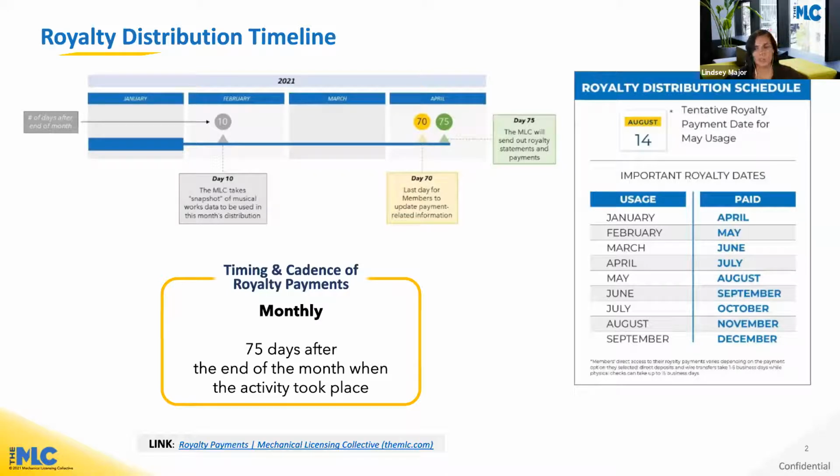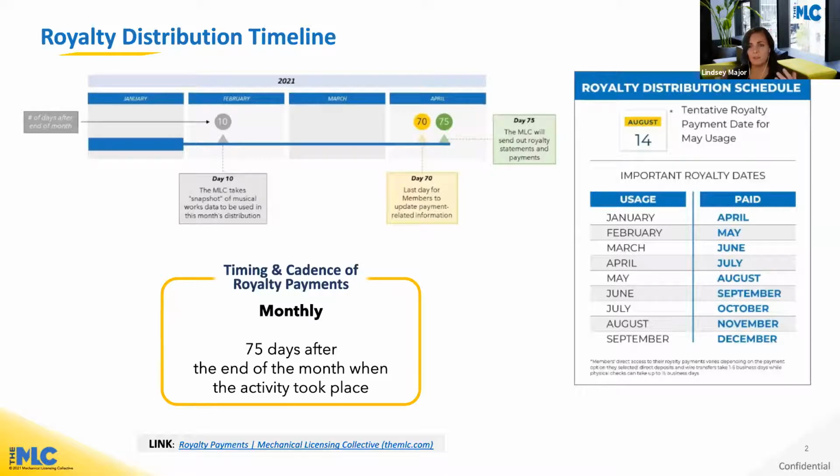Another important thing to note when we're talking about the timeline is this thing we call the snapshot. The MLC takes a snapshot of the MLC's works database for a given month. This happens on day 10 of the MLC 75-day cycle. So essentially, if the last day of January is the 31st, then 10 days after, on February 10th, we'll take that snapshot, and that is the snapshot we'll use for January, and so on and so forth.